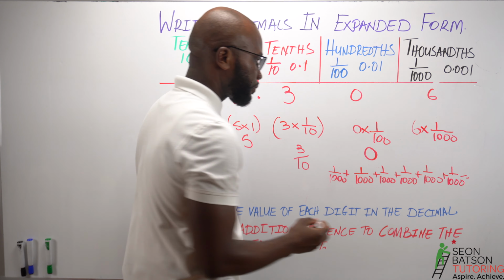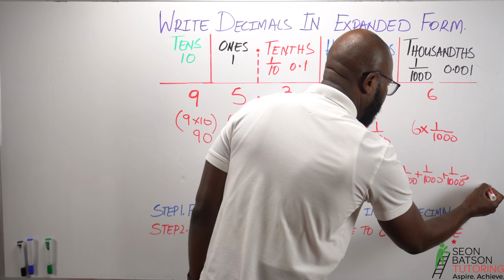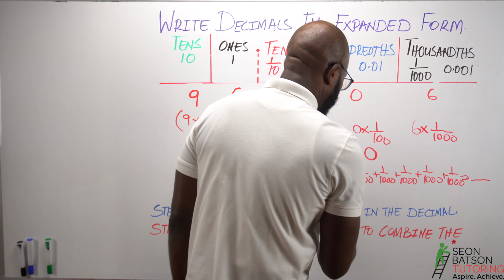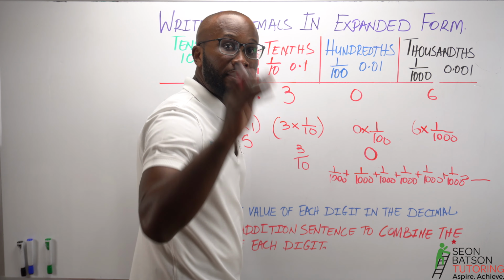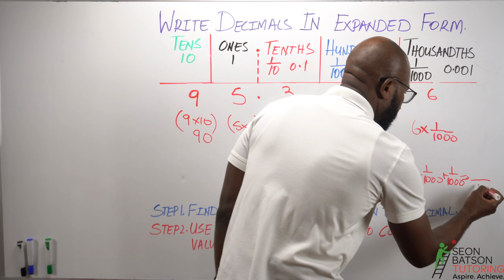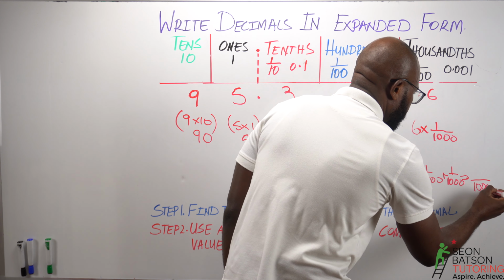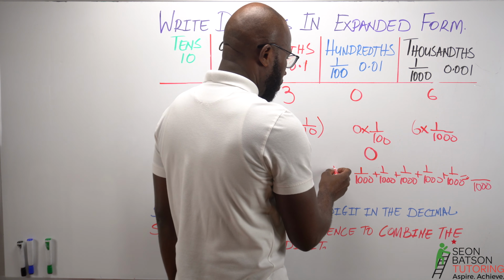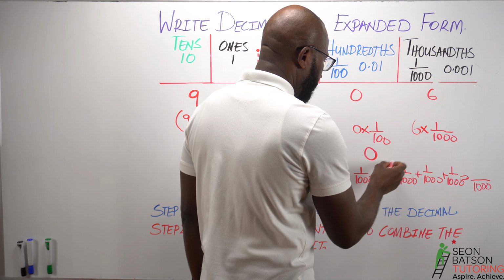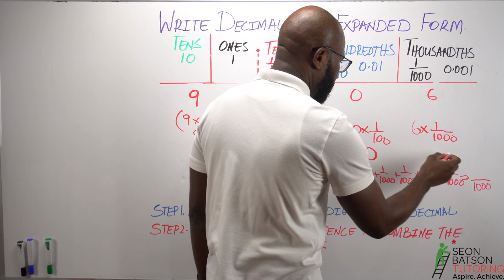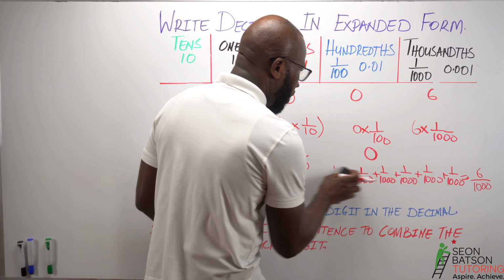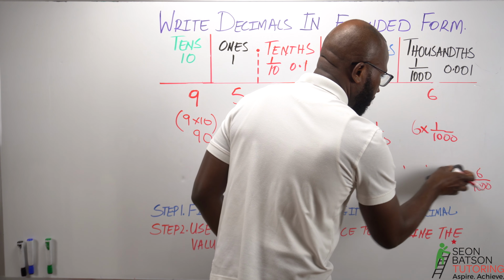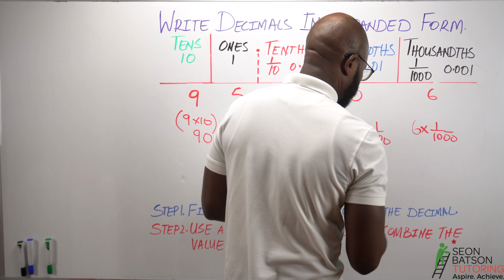Yes? Good? If I add everything up, again, I can add because my denominators are all the same, but we never add the denominators, yes? The denominator will remain 1,000. And we only add the numerators. 1 plus 1 is 2, plus 1 is 3, plus 1 is 4, plus 1 is 5, plus 1 is 6. So 6 times 1,000th is 6,000ths.